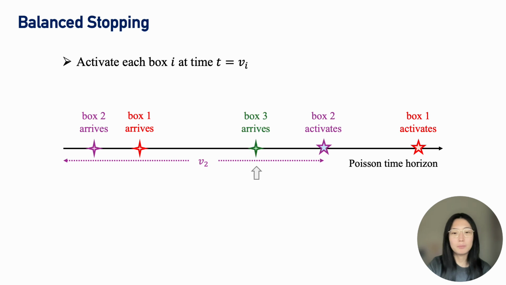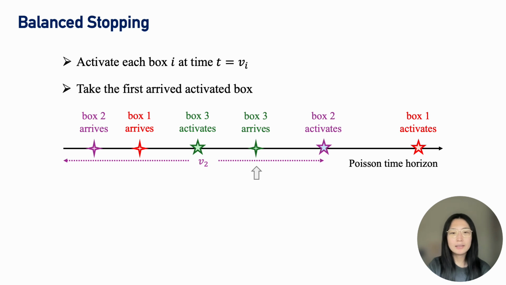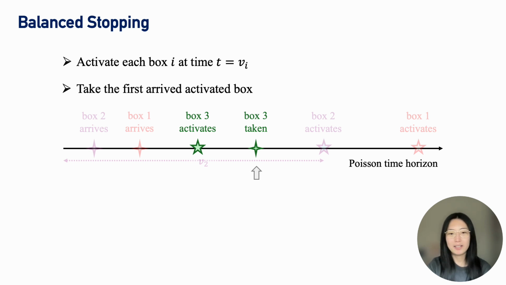And when box 3 arrives, we see v3 and activate it at t equals to v3. And then we take the first arrived and activated box. In this example, we will take box 3 because on its arrival, the realized volume is smaller than the arrival time, so it is naturally activated, while box 1 and 2 are not activated yet.